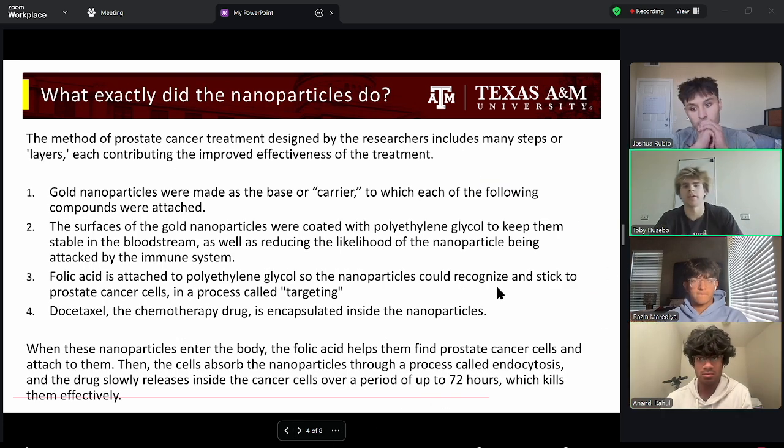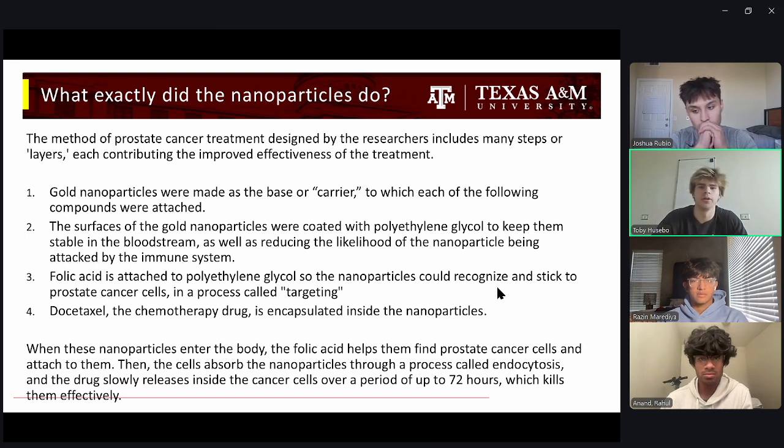All right, so what exactly do the nanoparticles do? The method of prostate cancer treatment designed by the researchers includes many steps or layers, each contributing to the improved effectiveness of the treatment. First, gold nanoparticles were made as the base or carrier to which each of the following compounds were attached.